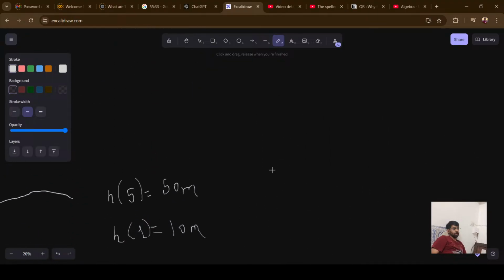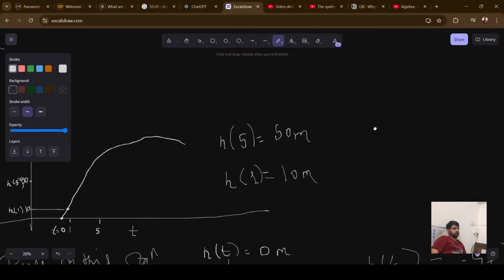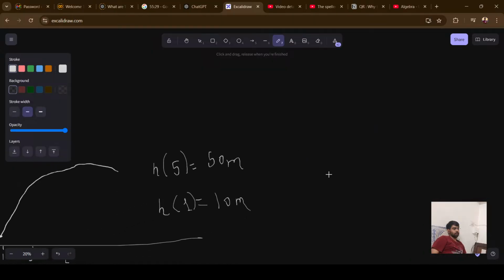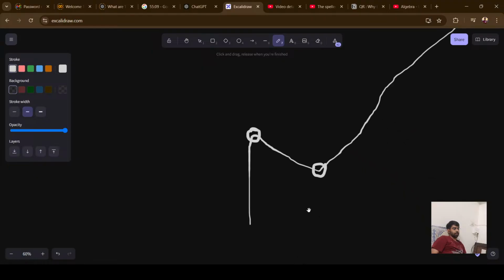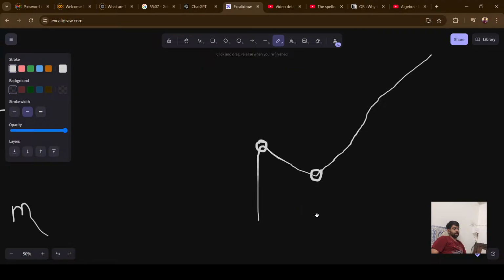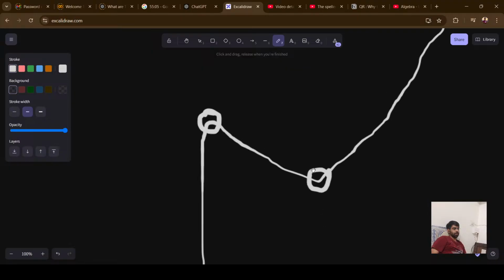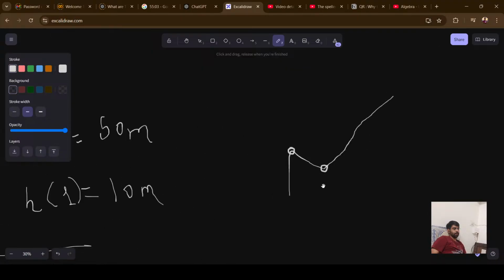For finding these points where the curve becomes flat for a very momentary time, right?